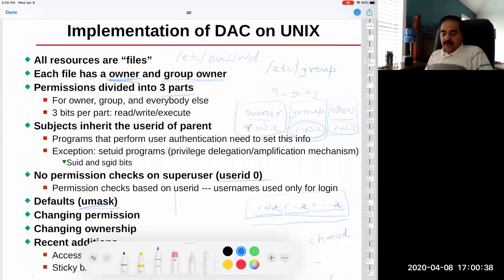This type of flexibility is available in pretty much every operating system that's out there now. But very often, applications are not aware of these extensions. As a result, if you start using these extensions, the applications may not work correctly, because often they may check, let's say you open a file using an editor, the editor might first check whether you have write permission on that file. And to do that check, it may only check these 9 bits.